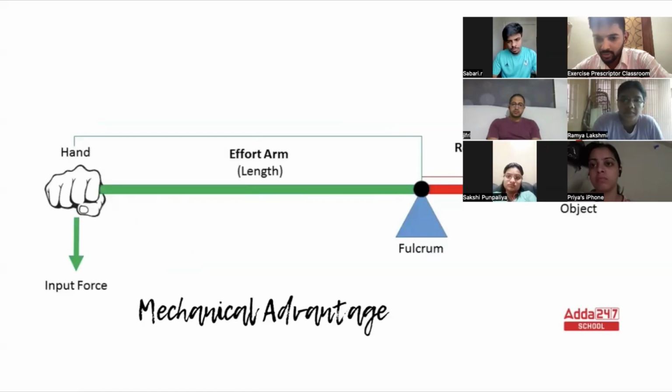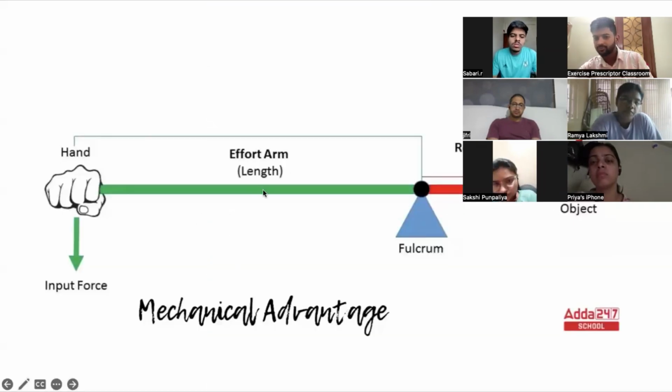So this is the fulcrum. The closer it goes to the object, the easier it is to move. If the fulcrum moves to this side as much as possible, it's tough to move. Okay, keep this in mind. We'll talk about the lever system very clearly in upcoming classes, nothing to worry about.